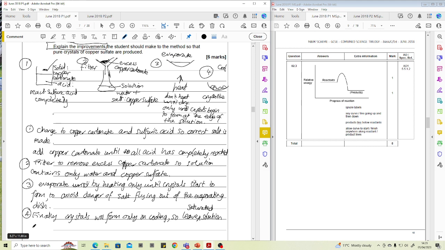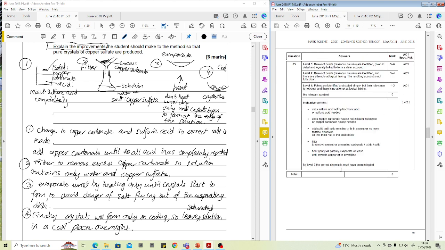Use saturated solution in a cool place overnight. Okay, so let's just have a look at the mark scheme and see how that matches up. So indicative content is there for you, have a look.